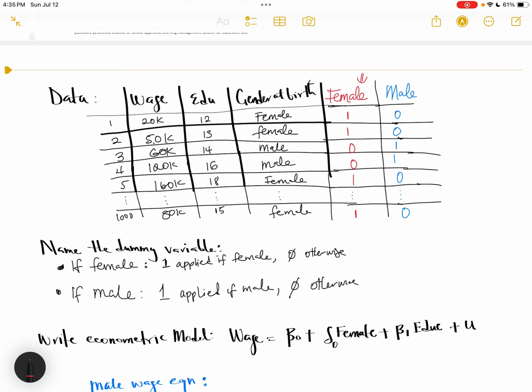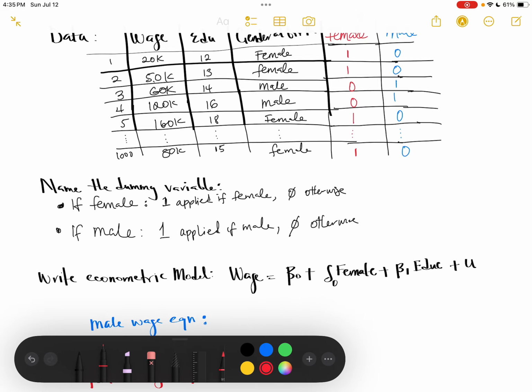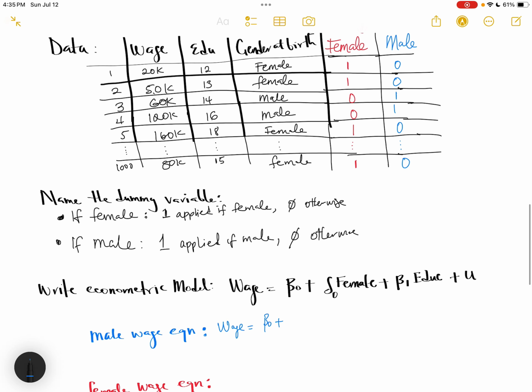Okay, cool. All right, so from this econometric model, we can derive a male wage equation and a female wage equation. So let's work on that. The male wage equation will be wage equal beta 0 plus delta 0 female.